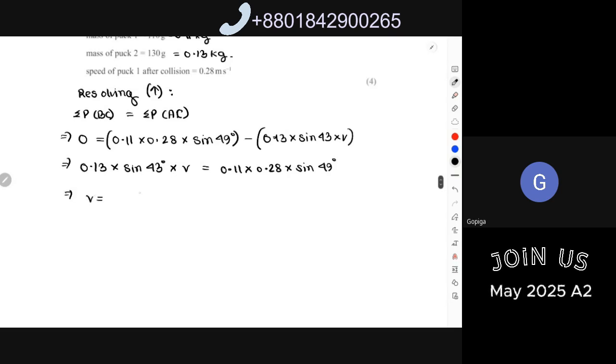And which means V is going to be 0.11, 0.28 sine 49 degree divided by 0.13 sine 43.